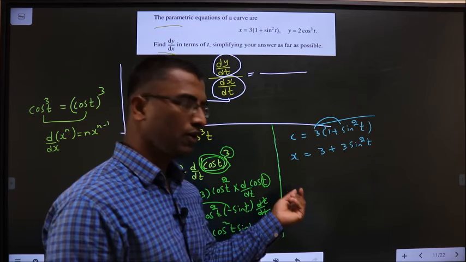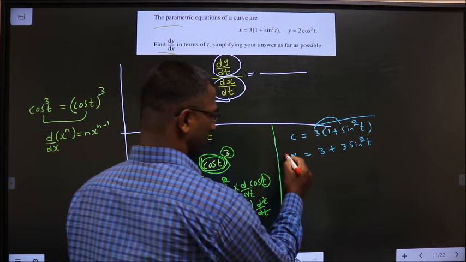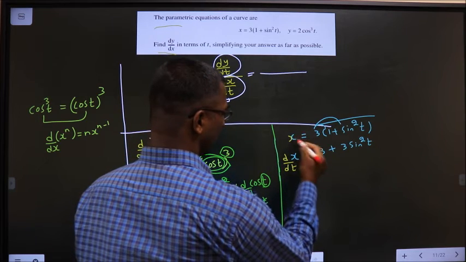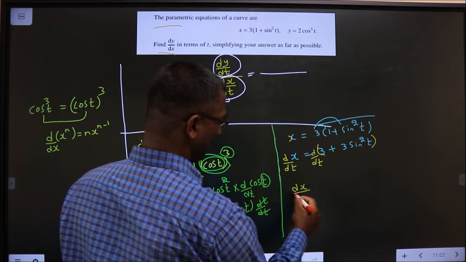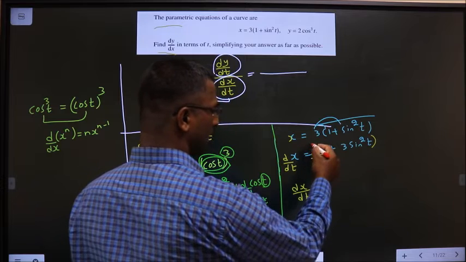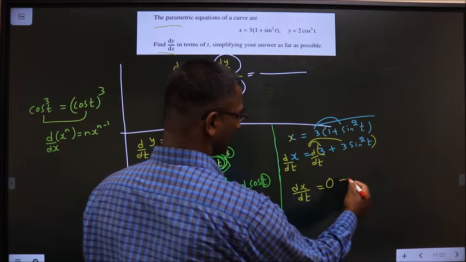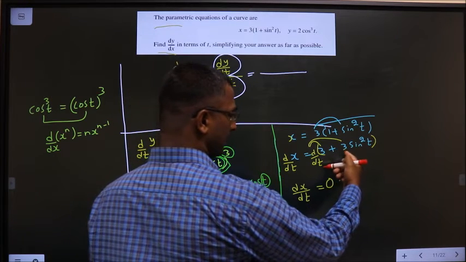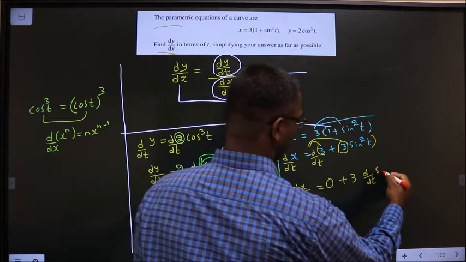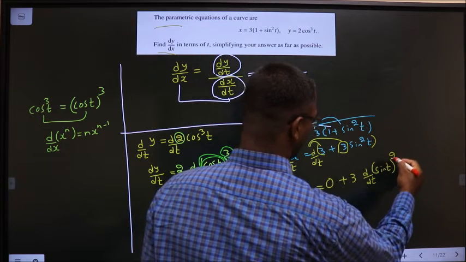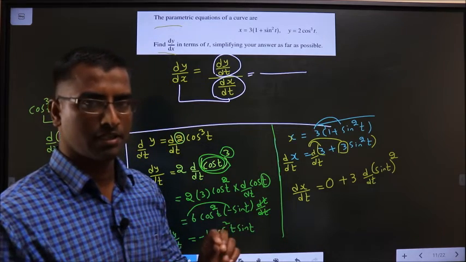Now, to get dx by dt, take d by dt on both sides. D by dt of 3 is 0, and 3 will not play any part outside, and sin²t I will write as (sin t) whole square. Whether sin²t or (sin t) whole square, they both are the same.